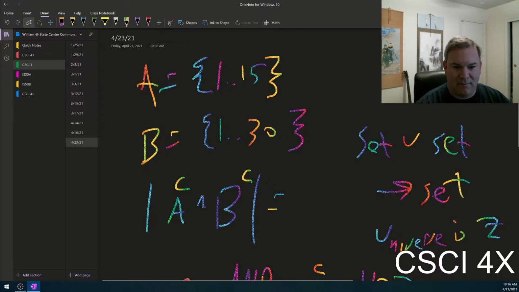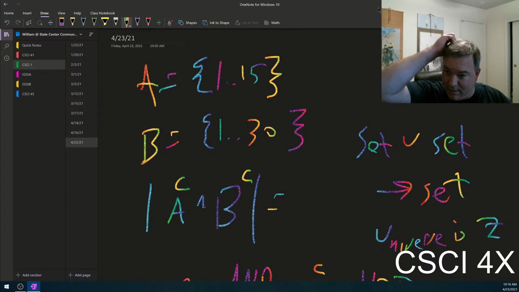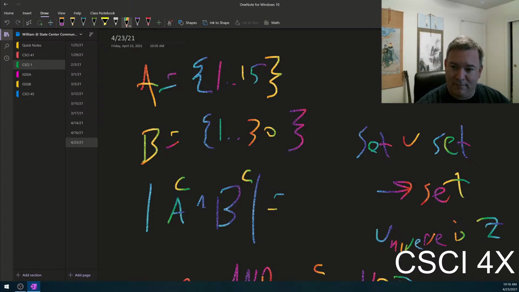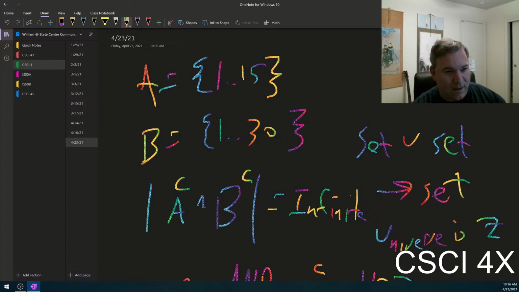So how many integers are both not in A and not in B? 0, 9,000, 420, negative 63. You don't say 31 minus infinite, just infinite. Okay. All right. Technically, it's something called Aleph null. You'll learn about that when you take discrete math. Okay. So I'll put up a little quiz for you guys on this so you can get a little practice with it.